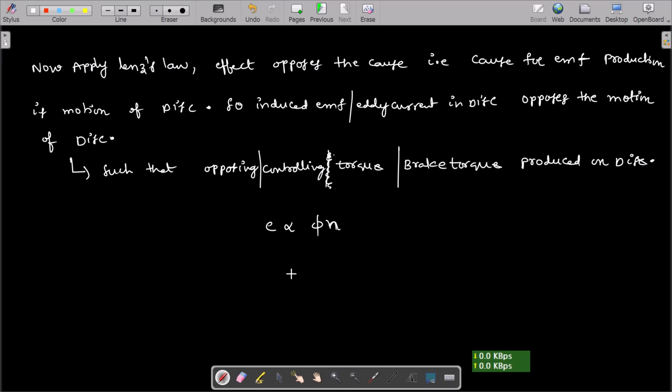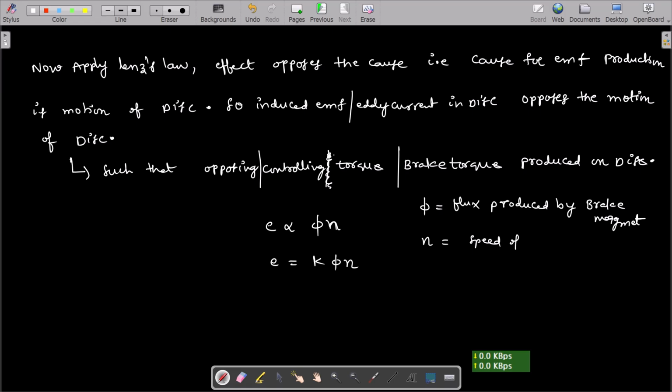Phi and N, similar to that BLV. Now we can write E as E is equal to K1 phi N, where phi is the flux produced by the brake magnet, and N is nothing but the speed of the disk.